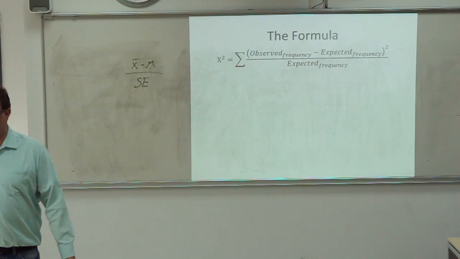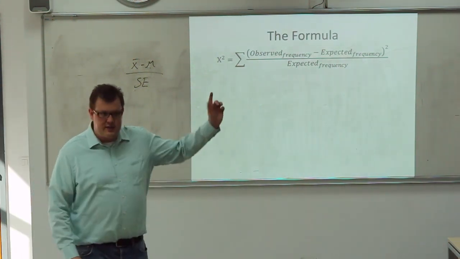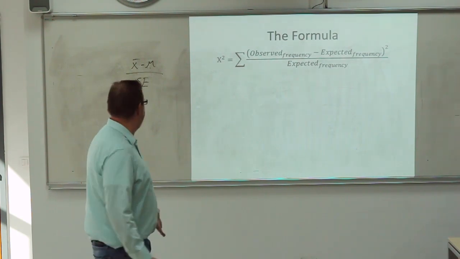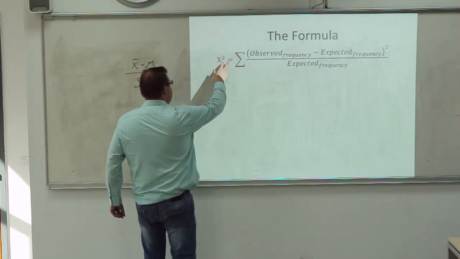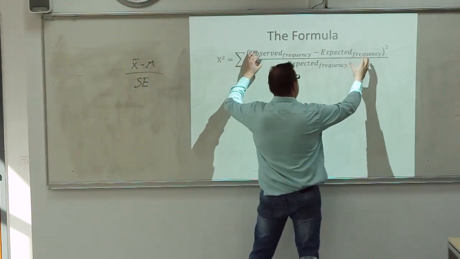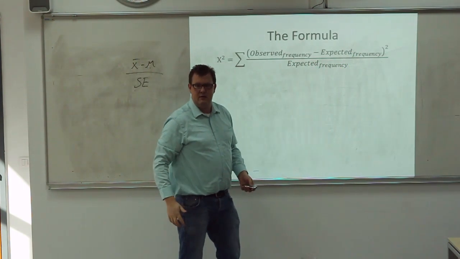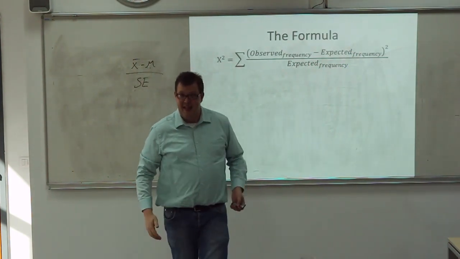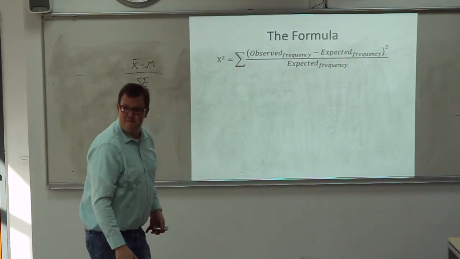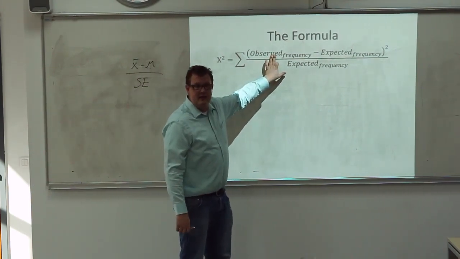So the formula for chi-square. Here it is. It's not actually that long. It's just that I have the words in here, so it looks big. So chi-square is equal to the sum of something squared divided by something else. So what are those somethings? The observed frequency.